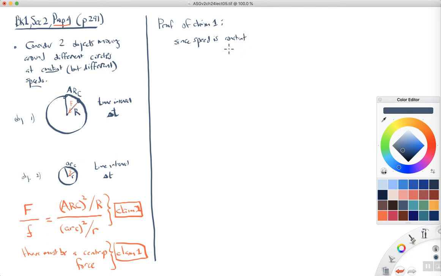Since the speed is constant, that implies that equal areas are swept out by the radius drawn from the center to the object in equal times.